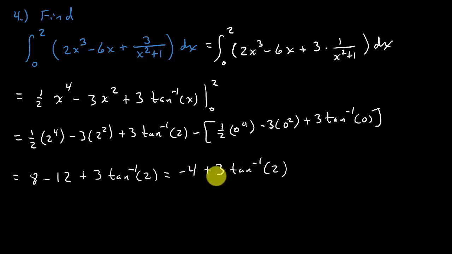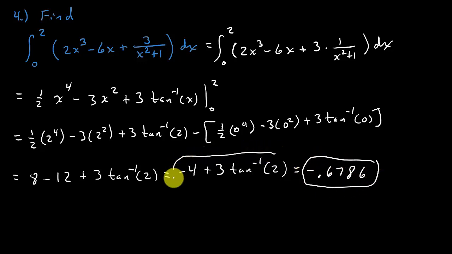And so this is your answer, or you could punch this into a calculator. So that's negative 0.678, and we'll round it to 4 decimal places. So this or this is an acceptable answer. Now make sure that when you're doing this in your calculator that you put your calculator in radians. Okay.